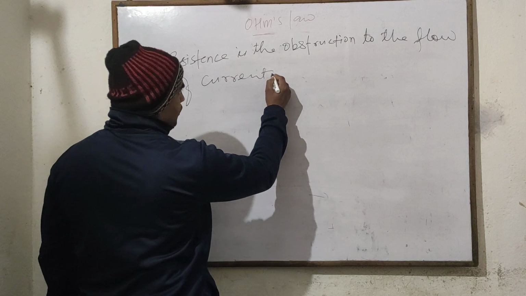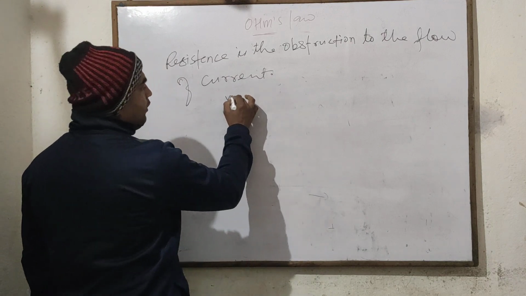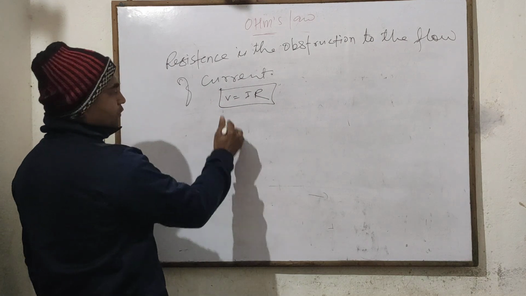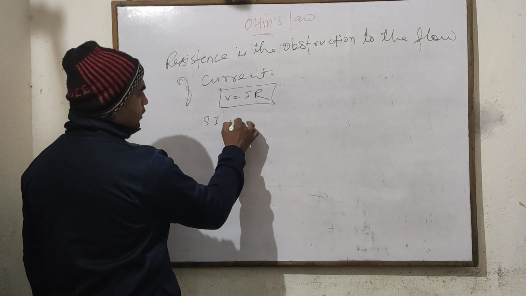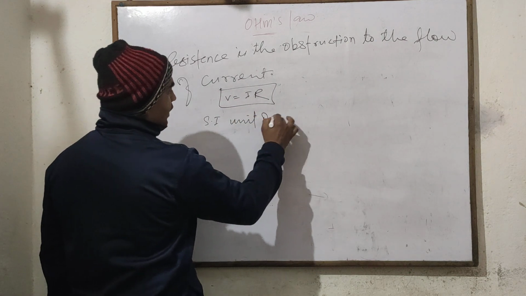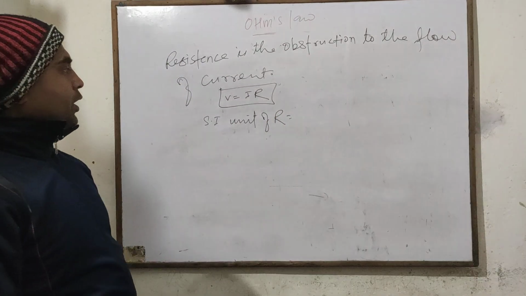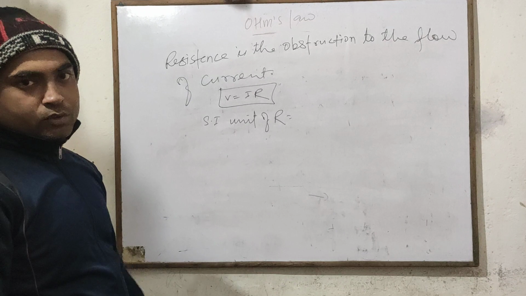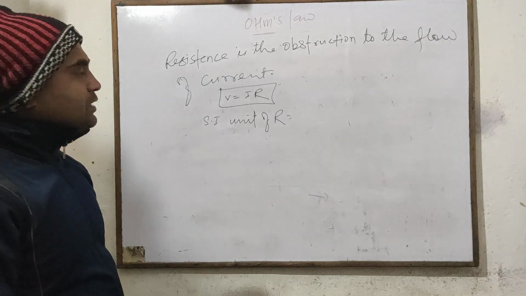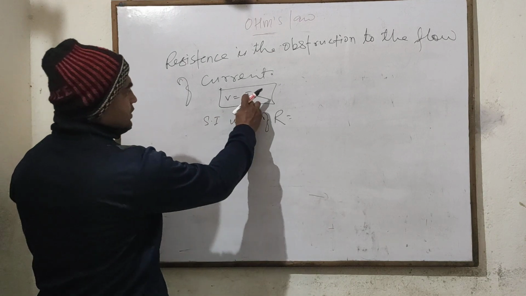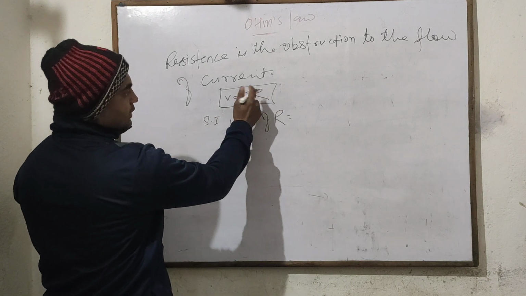Okay. We have the formula V equal to IR from Ohm's law. You can find out the SI unit of R. This is very important. If you find out the SI unit of resistance, resistance should be at one place and the remaining terms at the other place. Between I and R there is multiplication.